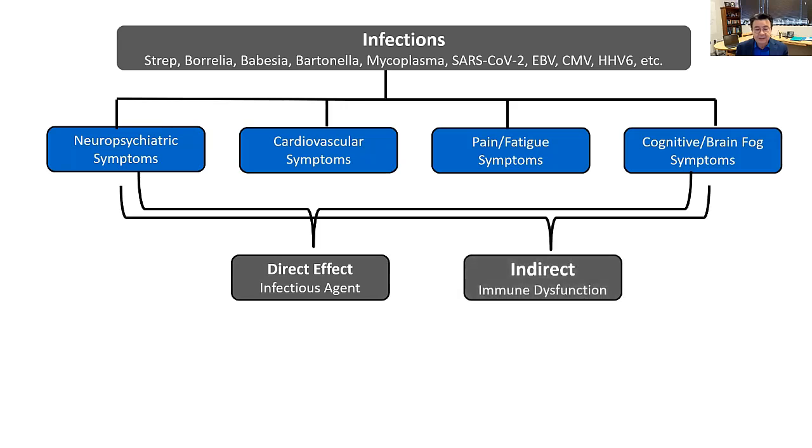But what I want to talk about today is what I believe is probably a more prevalent component of what really happens in more cases than this, which is this indirect effect.